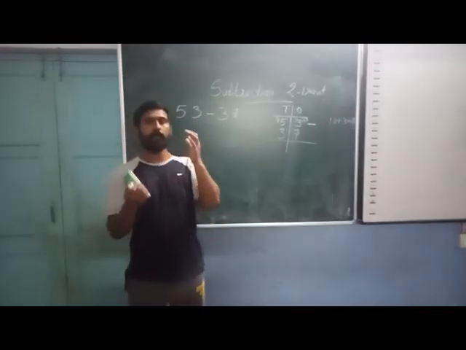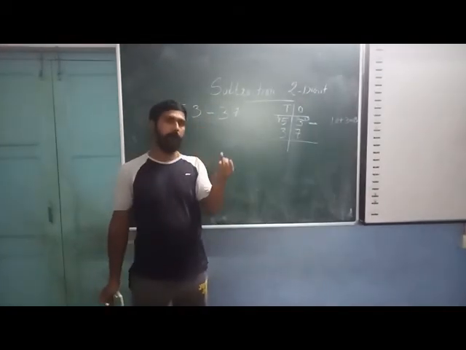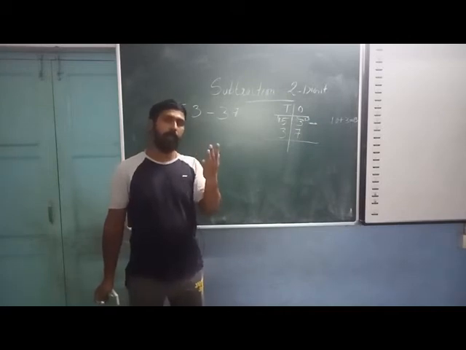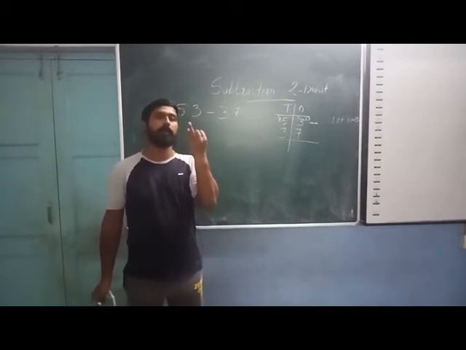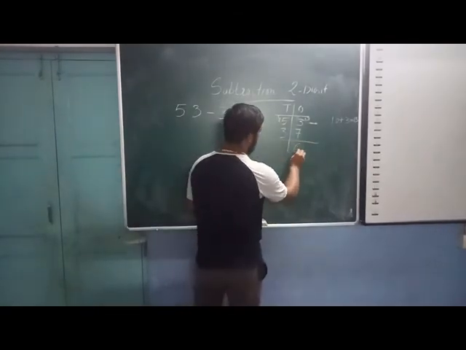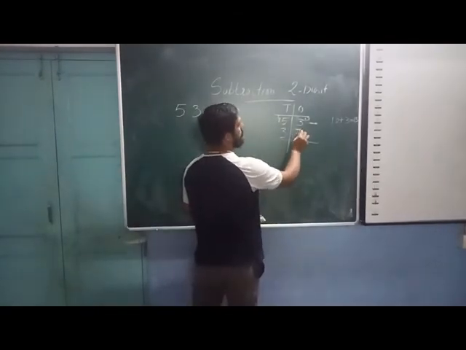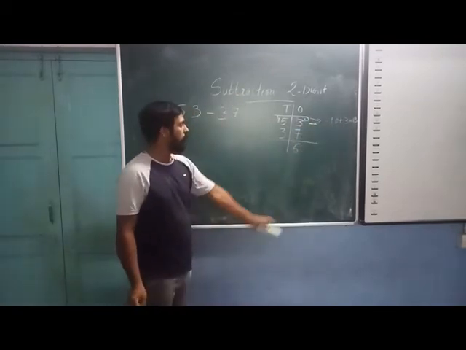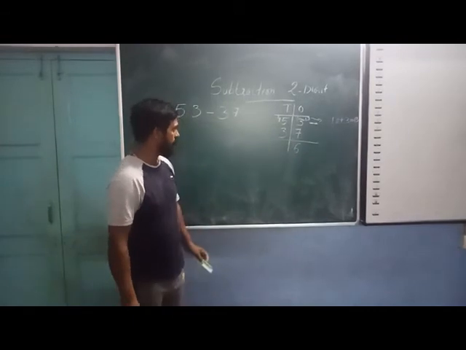So let us see. 12, 11, 10, 9, 8, 7, 6. So the 6 will be the answer. We counted 7 times backwards from 13. So we got 6 as the answer.